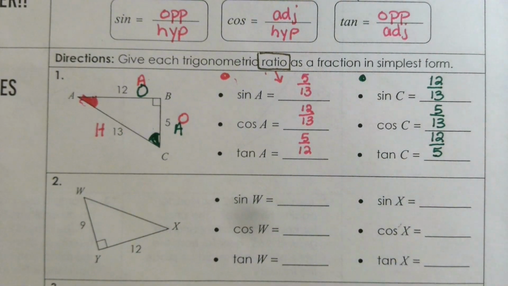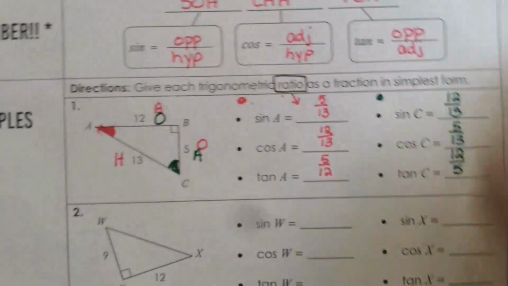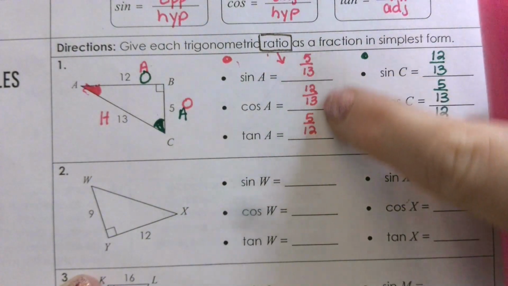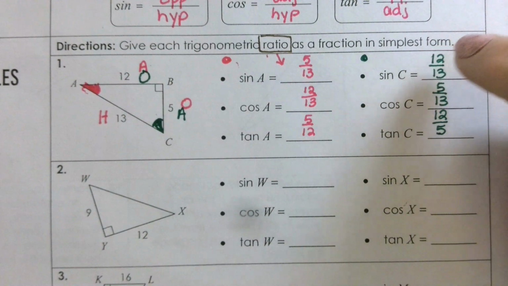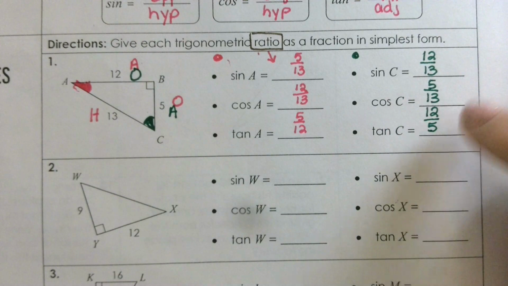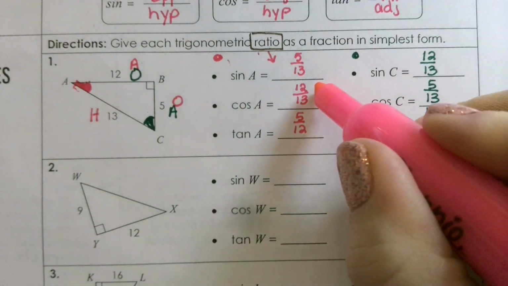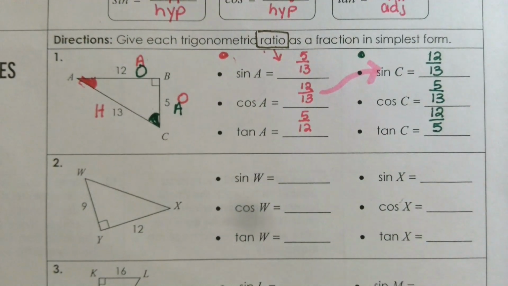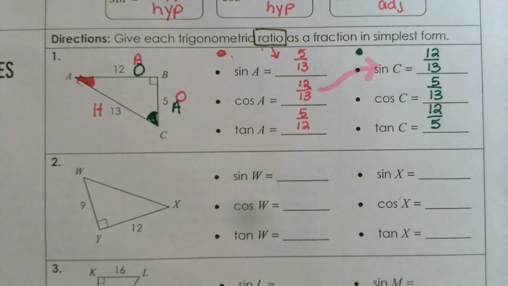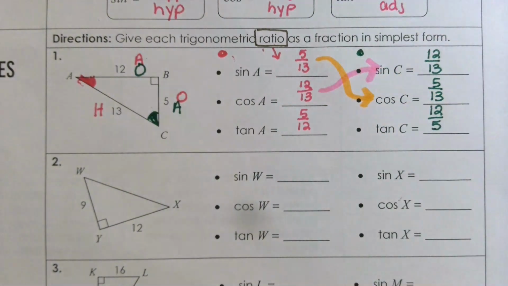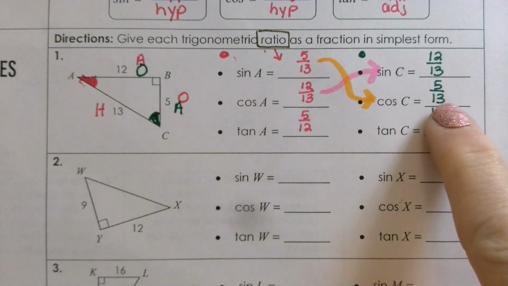Okay, now we are going to make an observation. I've got my highlighter to show you some things that are going on. If I knew how to get these answers right here, I don't have to do any work to get these answers here. It's a little shortcut, and I'm going to show you why. Do you notice that answer is now the first answer? Do you notice that answer is now the answer here?